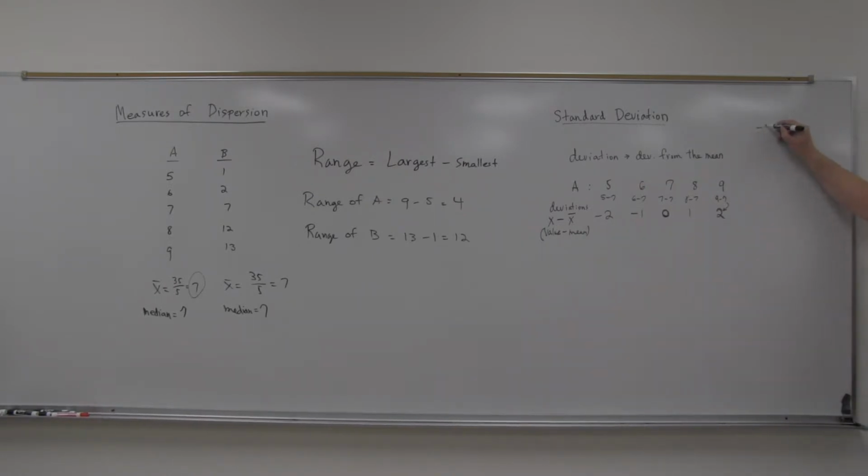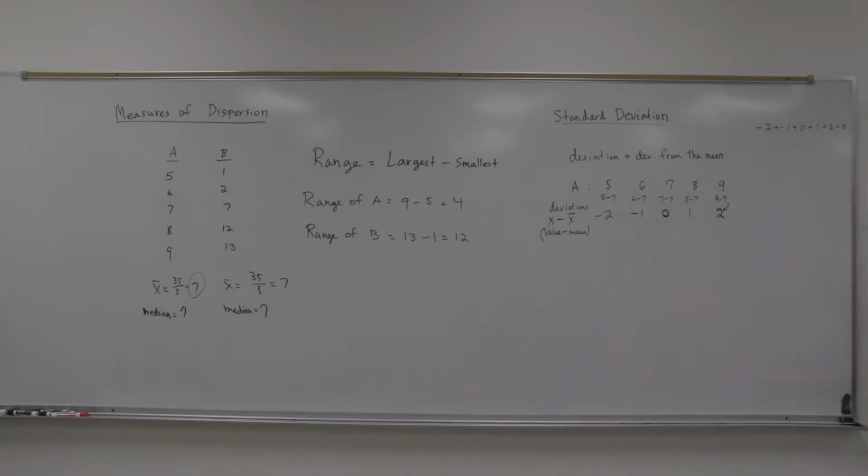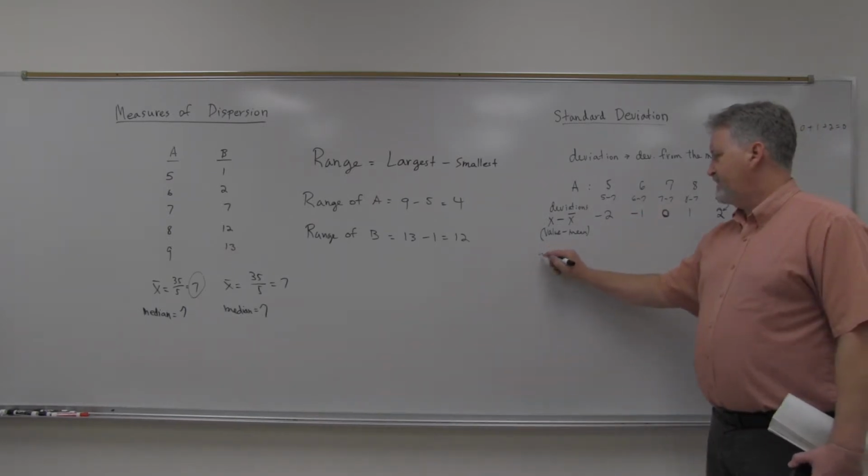If I add those all up, what happens? You get 0, okay? And that's typically what happens when you add the deviations up. You get 0. And so that's not going to help us if every time we do the deviations and average them, we get 0. That doesn't help us at all. So here's what we do. To get rid of the negatives here, the next line I'm going to put are the square deviations.